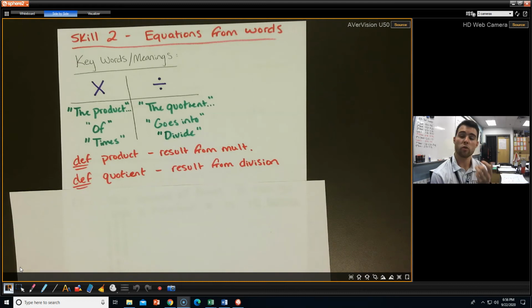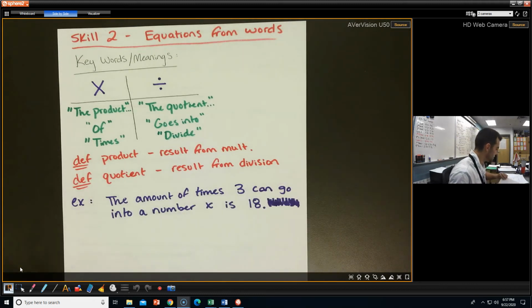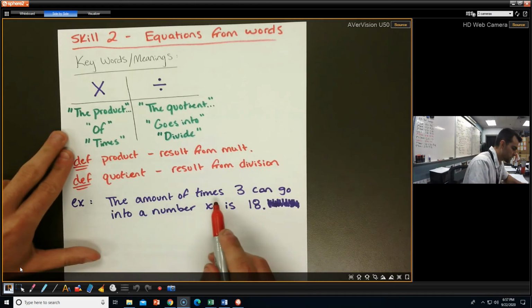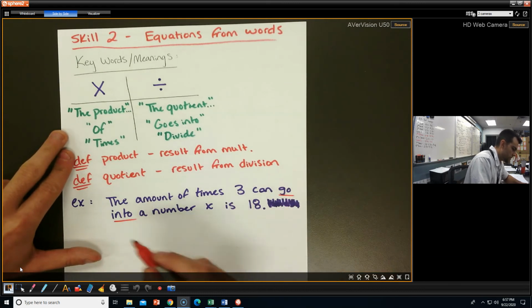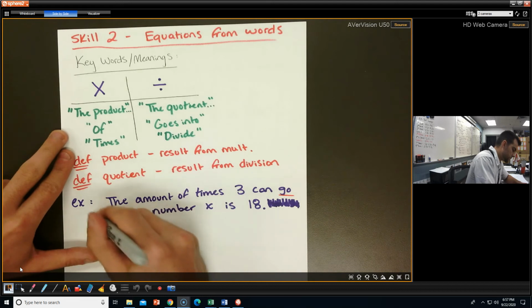So you might see the quotient between 3 and x. So you do 3 divided by x, and then whatever that is. Let's see an example of this. All right, the amount of times 3 can go into a number x is 18. The order's kind of weird here, so we have to really wrap our brain around it. I'm saying the amount of times 3 can go into, so that means division.